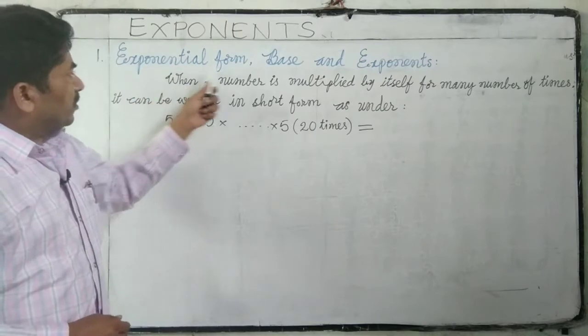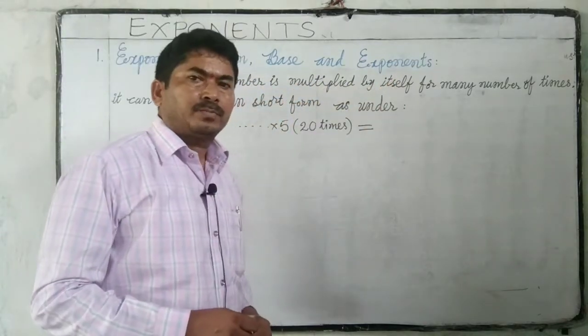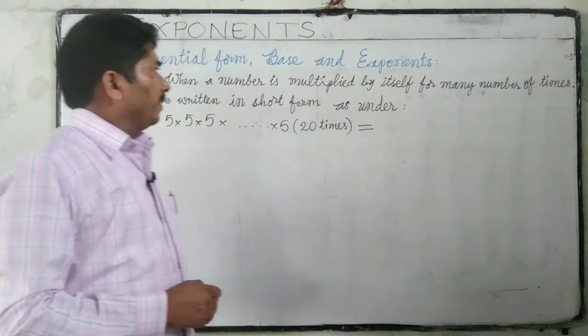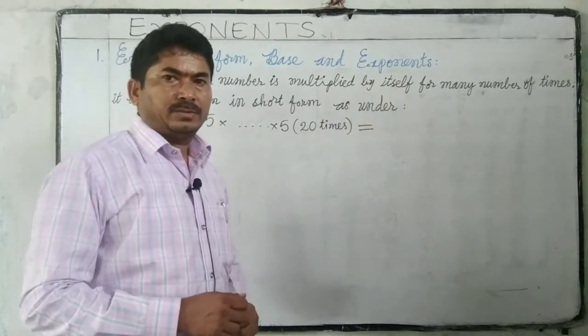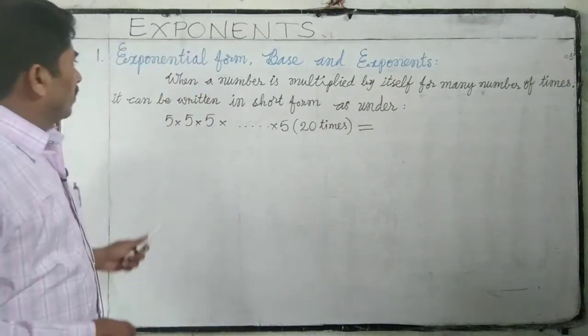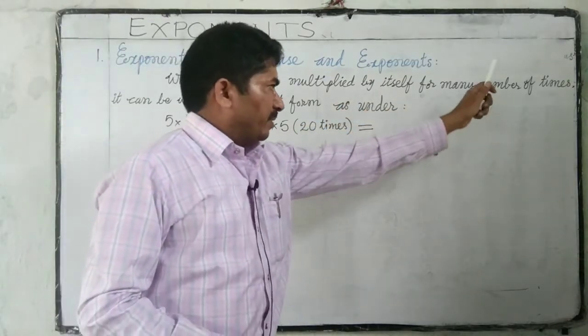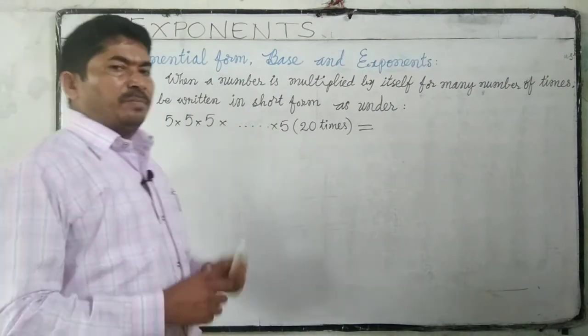First one, exponential form or base or exponents. What is an exponential form? Base and exponents. Let us observe. When a number is multiplied by itself for many number of times, it can be written in short form.